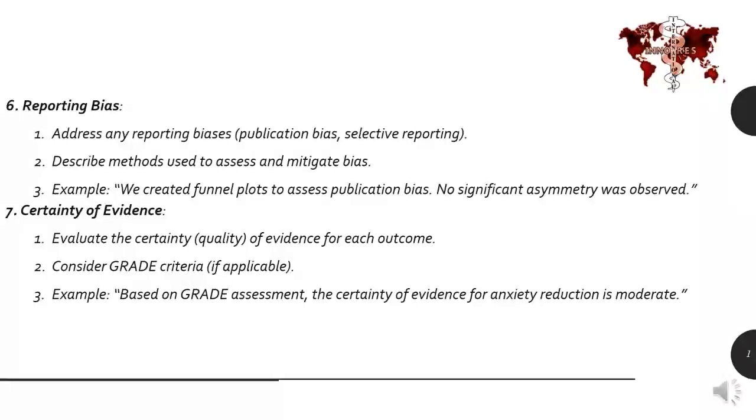And then you have to provide an explanation for the level of certainty of evidence, whether for rating down or for rating up the certainty of evidence. In addition, you want to report the overall level of certainty in the body of evidence. So is it high, is it moderate, is it low, or is it very low certainty for each of your outcomes?